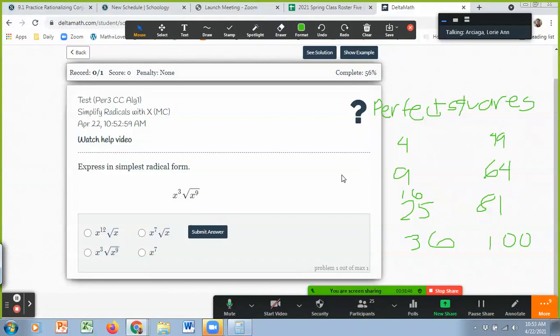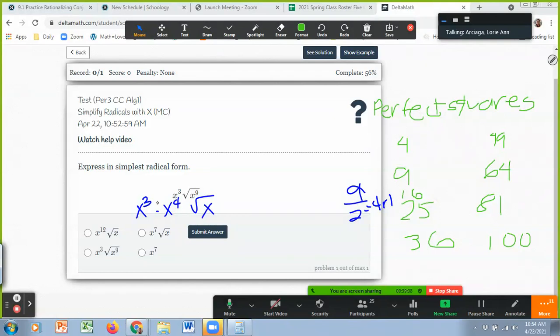If you divide 9 by 2, you get 4.5. So 4 remainder 1. So it's going to be x to the third originally, and then x to the fourth because you said 4 remainder 1, so the remainder 1 will go inside the radical sign.